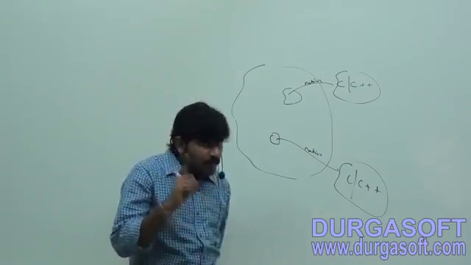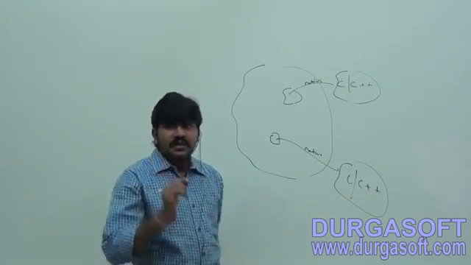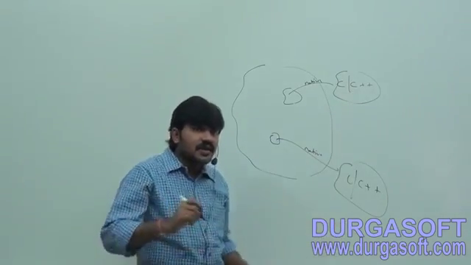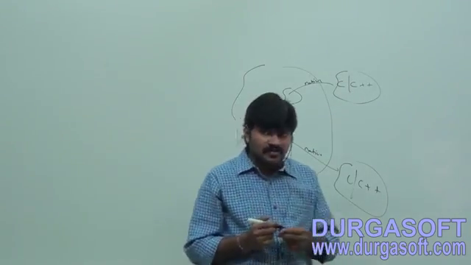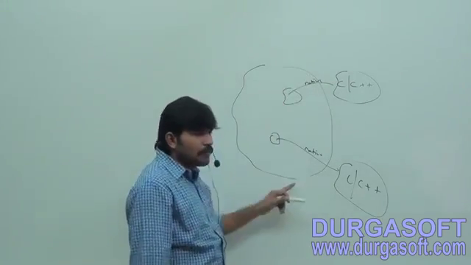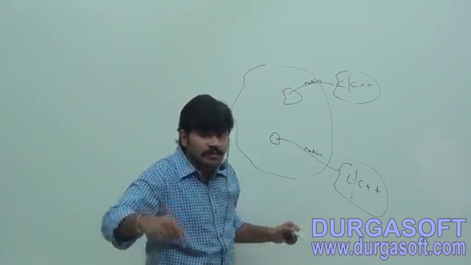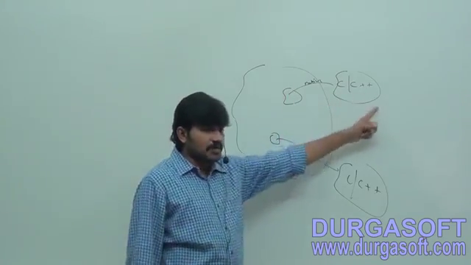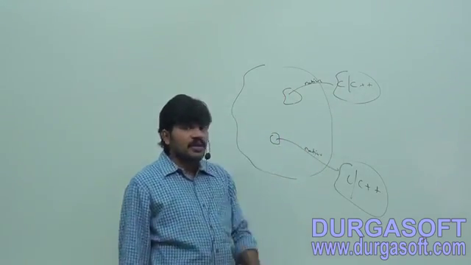But the problem with the native keyword is that we are depending on C or C++. C or C++ are platform dependent languages. Because of this dependency, my Java program also will become platform dependent. That's why the hashCode method, have you observed?